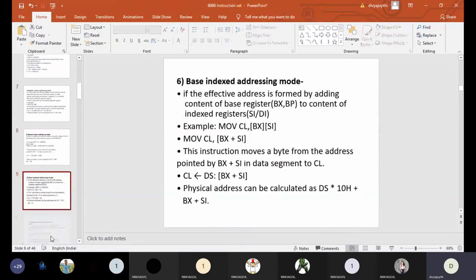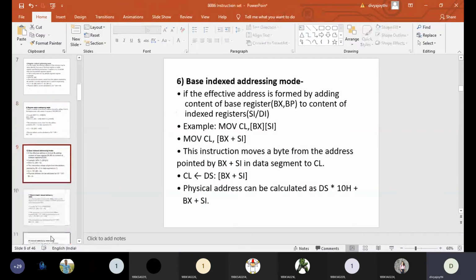When you are dealing with base indexed addressing mode, you will be dealing with only 4 registers. One will be the base registers and another will be the index registers.